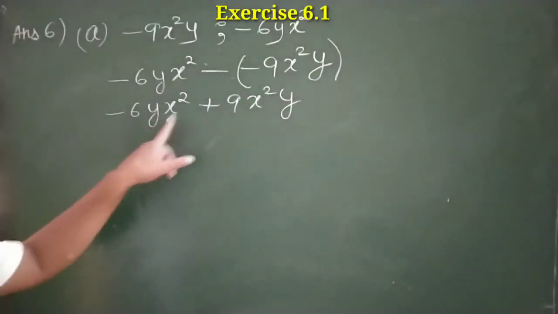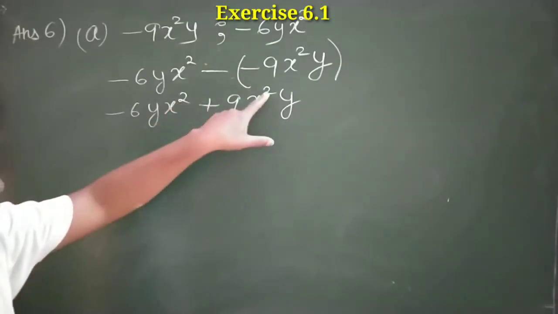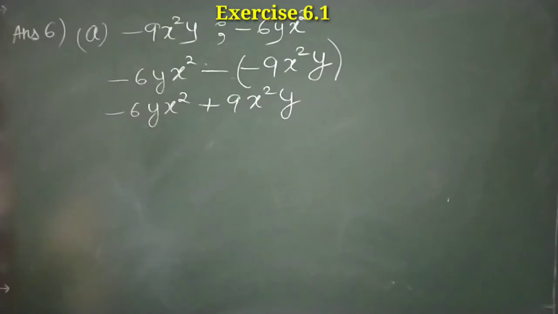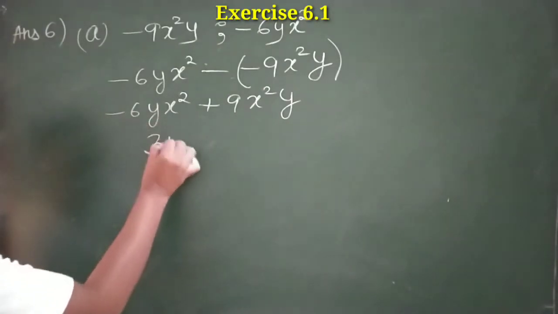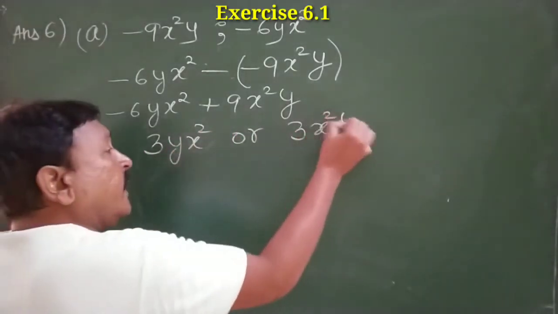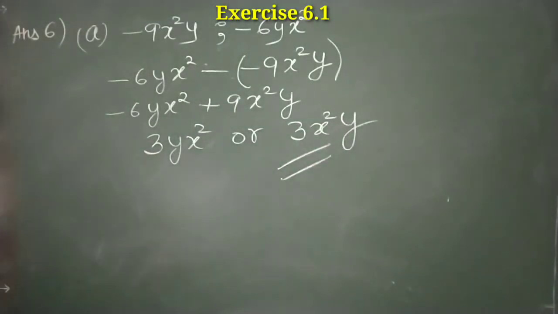See, these two are like terms. Why? X has power 2, x has power 2, y has power 1, y has power 1. Minus 6 plus 9, plus minus means minus. 9 minus 6, 3yx square, or you can say 3x square y. Both are correct answers, okay? Note it.